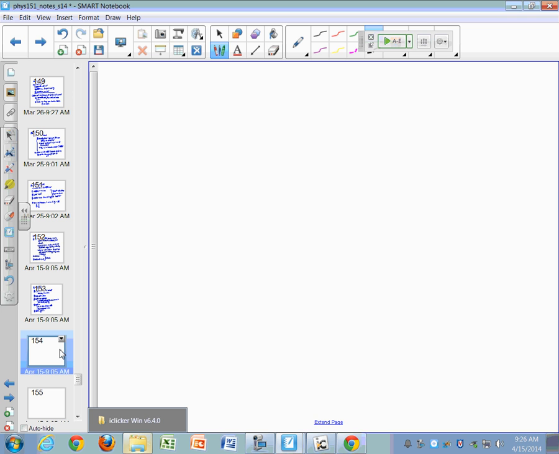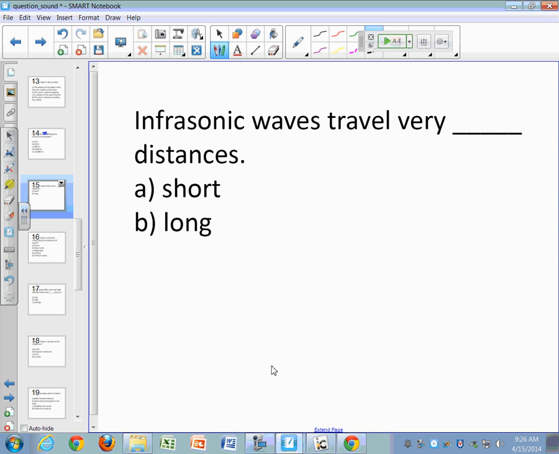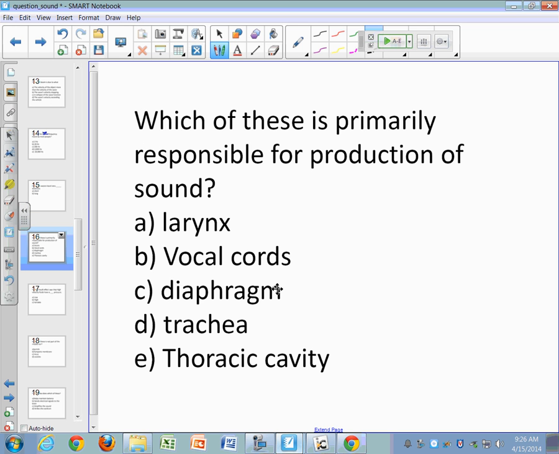All right. So those are just basic hearing problems. Now let's look at the intensity of sound. Actually, let's see if we have any questions. I think we had a few questions. We did this one, right? Infrasonic waves. This one.